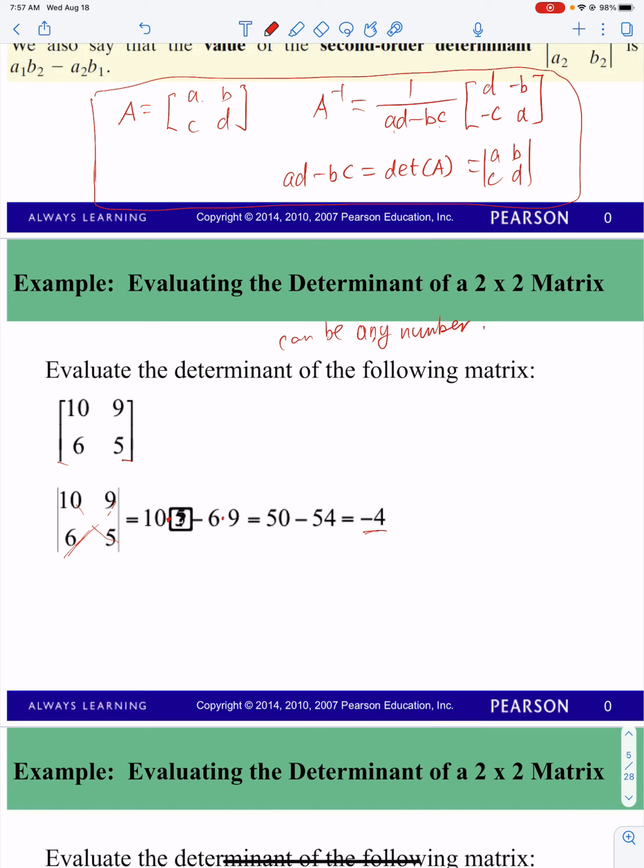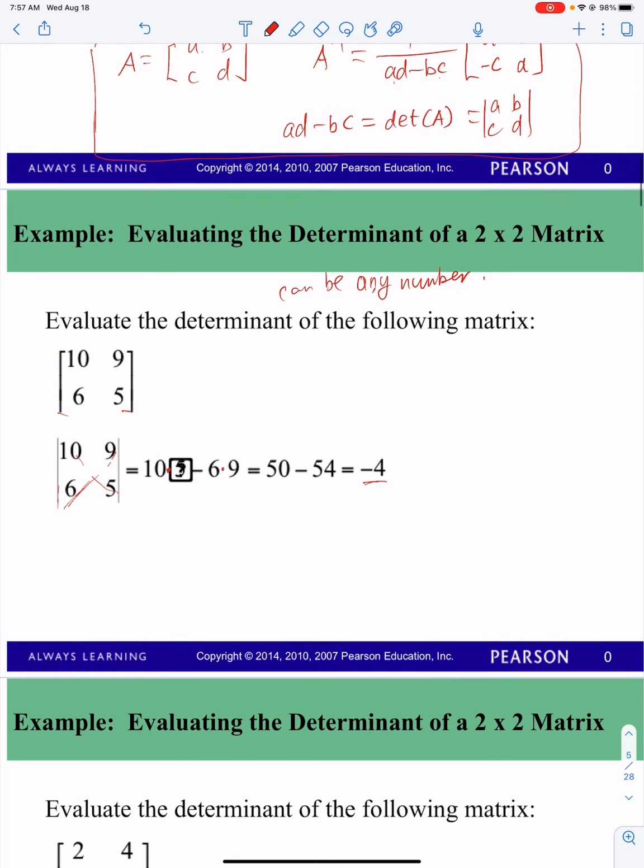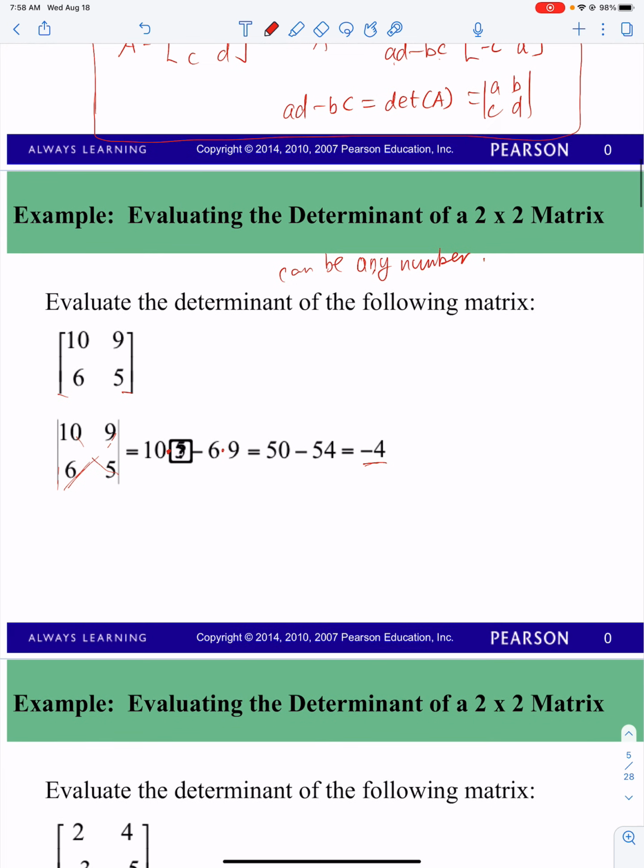It does not need to be positive. This is not an absolute value. Absolute value is always non-negative, but a determinant can be negative, 0, or positive. So do not think you made a mistake if you get a negative number. If you follow the instructions, you didn't make a mistake.